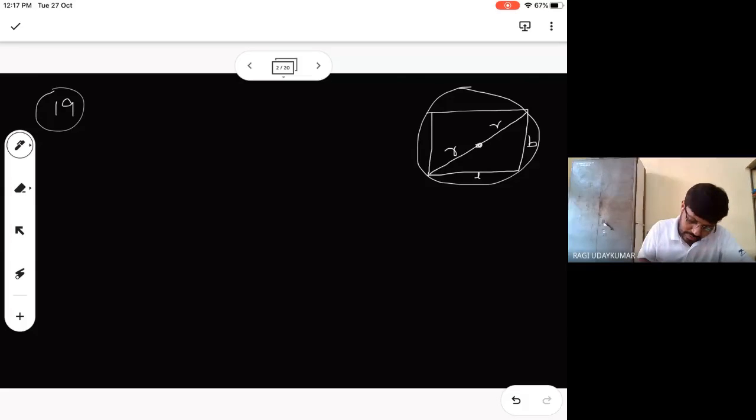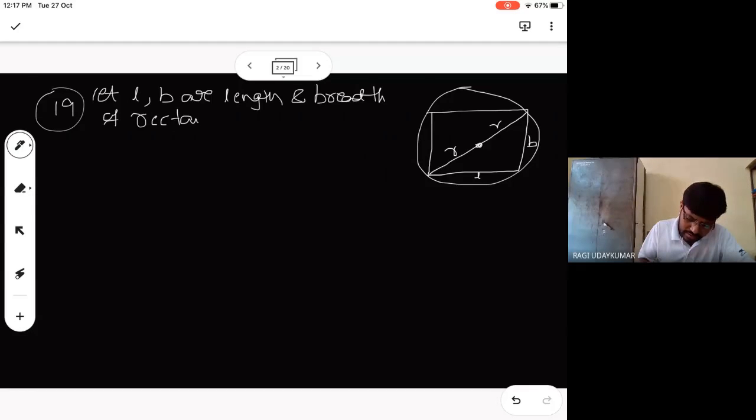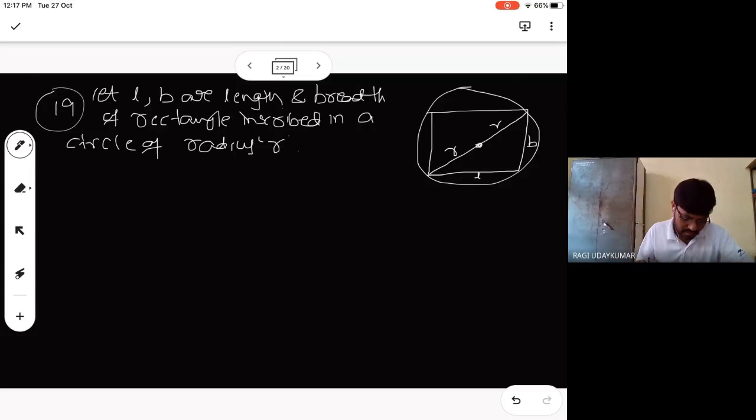So let L, B be the length and breadth of a rectangle inscribed in a circle of radius r.